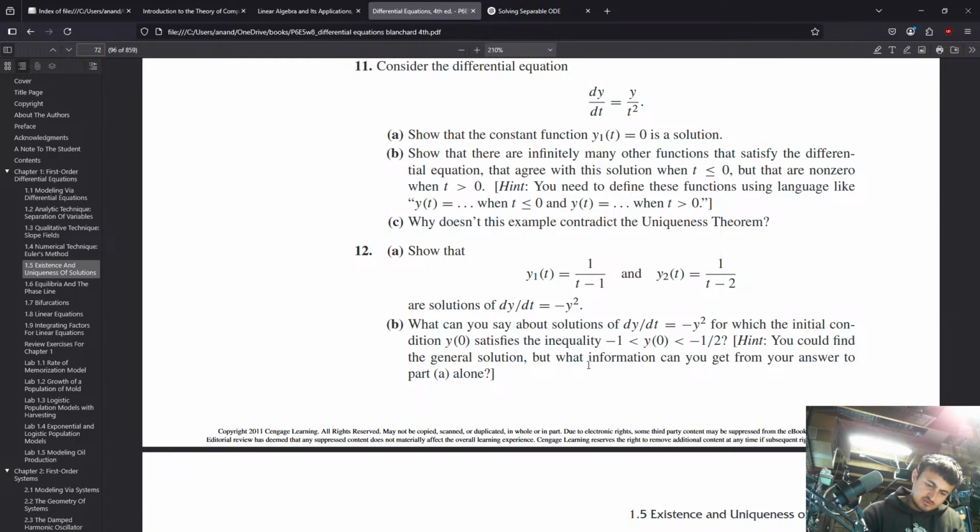So we have minus 1 and minus 1 half. So if it's in between these two, which is y1 of 0 and y2 of 0, then it's bounded.